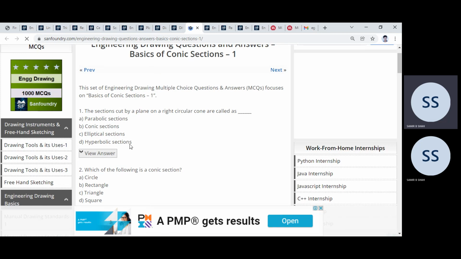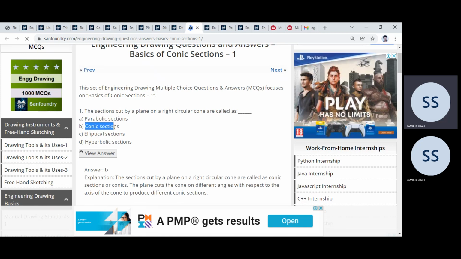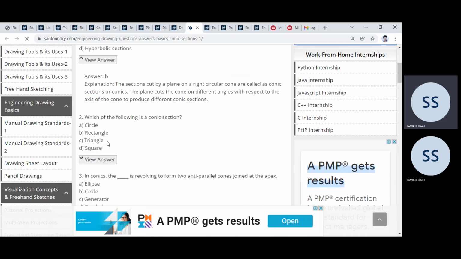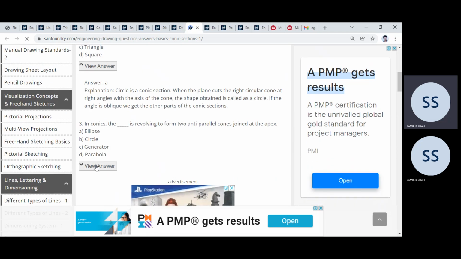The sections cut by a plane on a right circular cone are known as conic sections. Which of the following is a conic section? For that, a circle is a conic section.